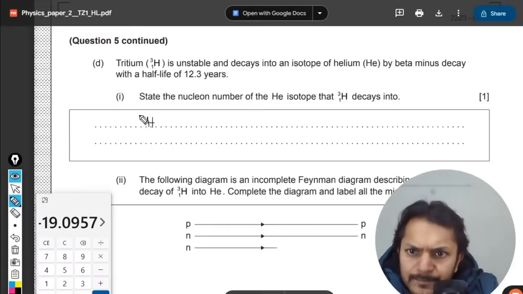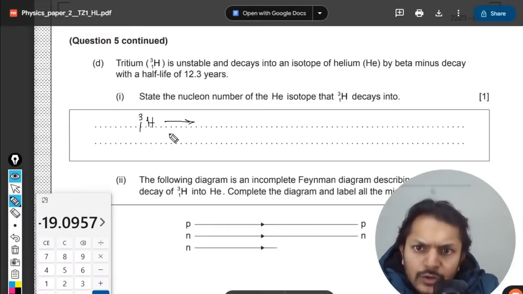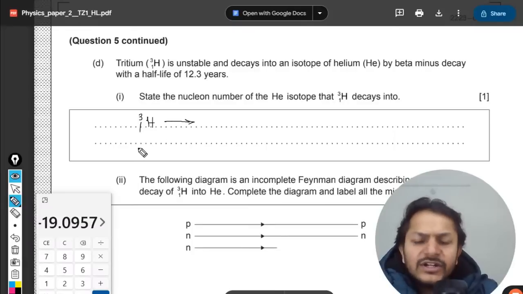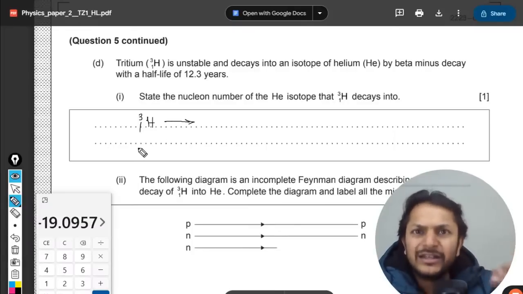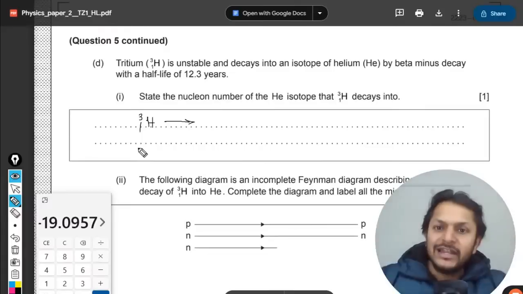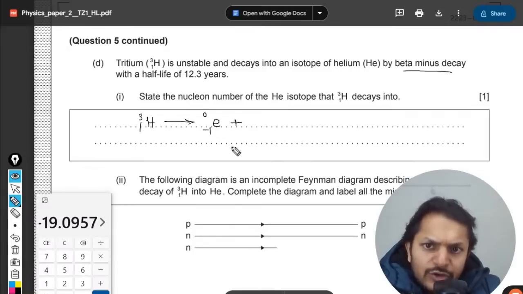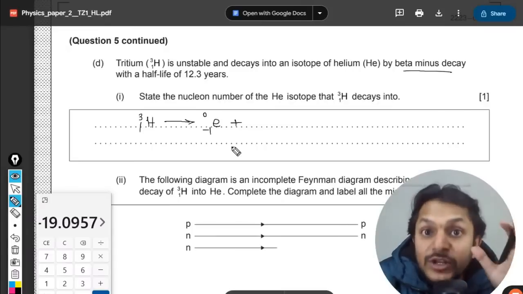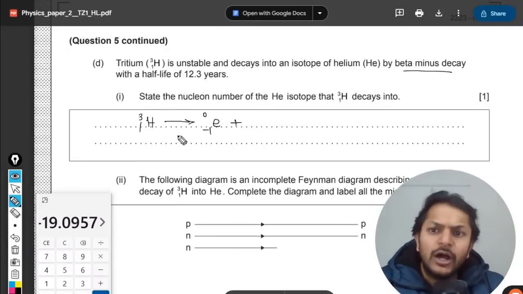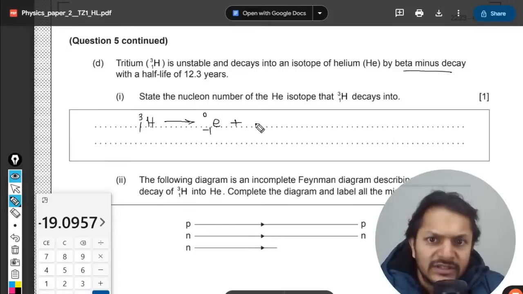So tritium is undergoing radioactivity, so it does not need any facilitating particle like a neutron colliding with it, nothing like that. So this is producing beta minus decay. So beta minus is like this. By using a law called the Soddy-Fajans law, I told you many times now. So this 3 is equal to 0 plus this. So helium will be produced. This is 3.